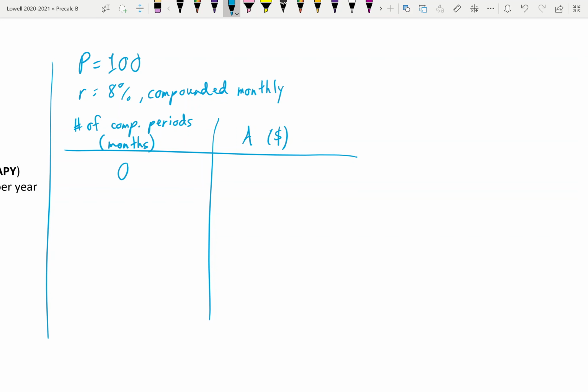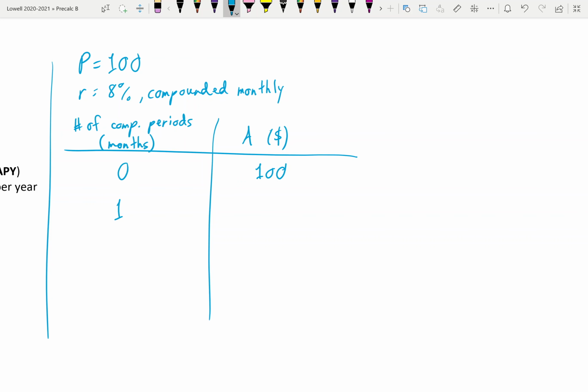So let's say we start off, so month 0, we have $100 there. Nothing too crazy. In 1 month, here's how this works. Since we are compounding monthly, our annual interest rate of 8% is broken up into 8 over 12 percent. And we earn that much interest every month, and so at the end of the year, theoretically, you have gained actually 8%.